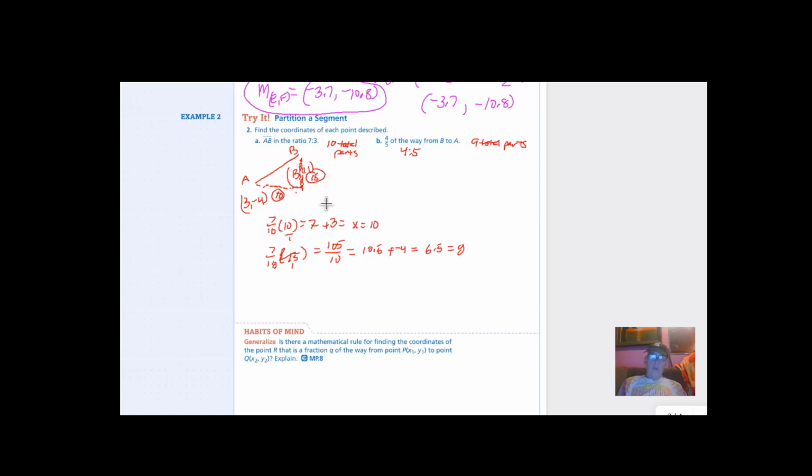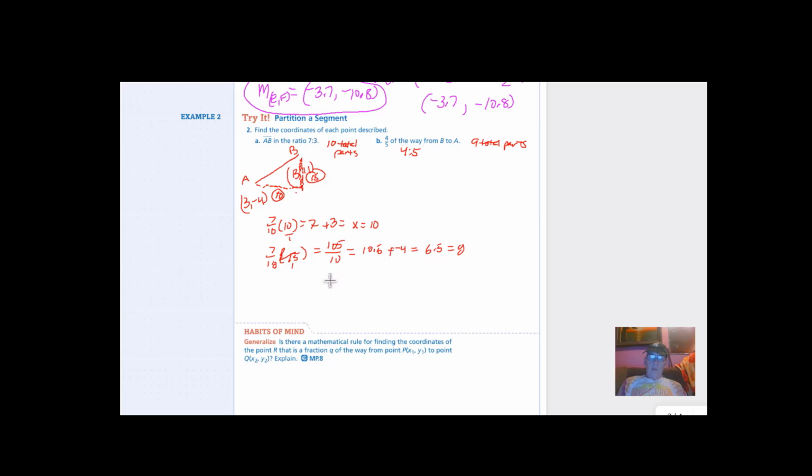So our new x coordinate that we need for the 7/10 way is 7 over from 3, which gives us 10. And our y coordinate is going to be 7/10 up from -4, and it's going to be 7/10 of this 15 difference, which comes out to be 6.5.